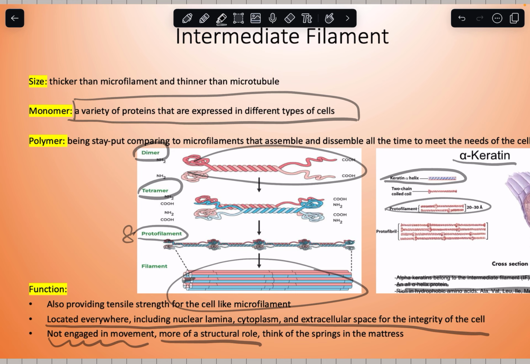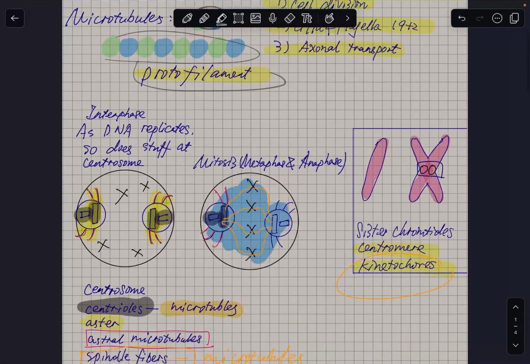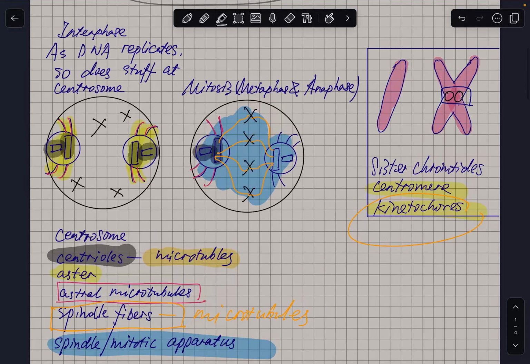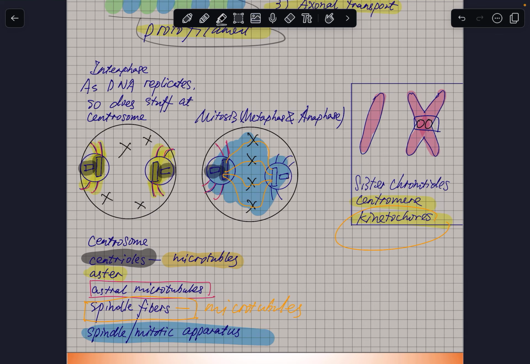And then I want to remind you, how are microtubules and microfilaments involved in movements? So these are microtubules, as we discussed in this video, that literally pull apart the sister chromatids. That's a sort of movement. And then also very importantly, the microtubules are like the tracks in the cell.